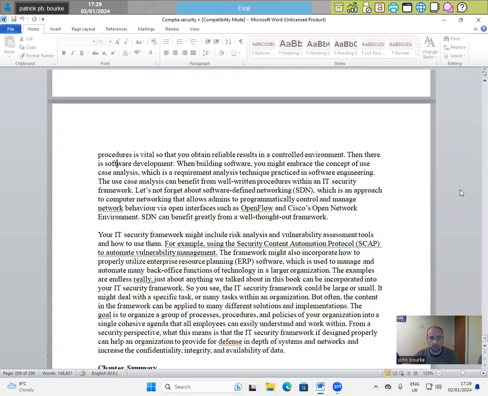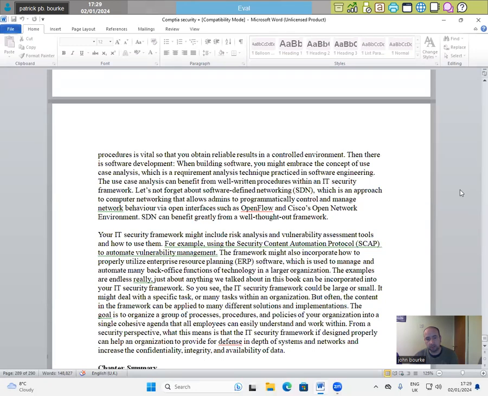Then there is software development. When building software, you might embrace the concept of use case analysis, which is a requirement analysis technique practiced in software engineering. The use case analysis can benefit from well-written procedures within an IT security framework.